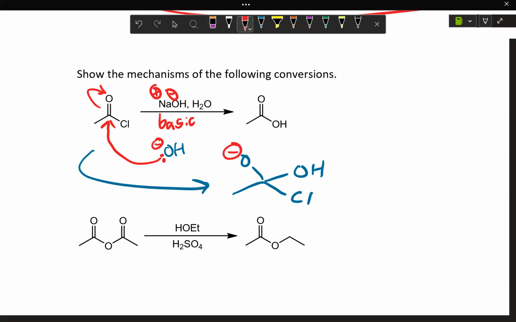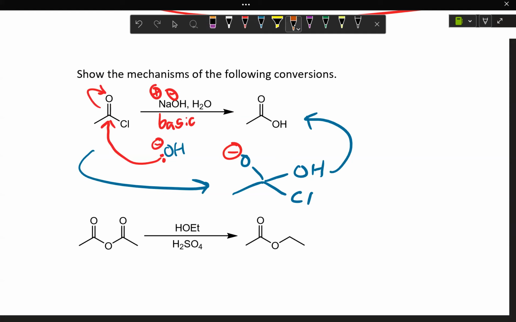So now we added our hydroxyl group onto the carbon. What's separating us from the product is we don't want this chlorine group here anymore, and we need to form a double bond between this carbon and oxygen. Chlorine, if you remember, is a good leaving group.